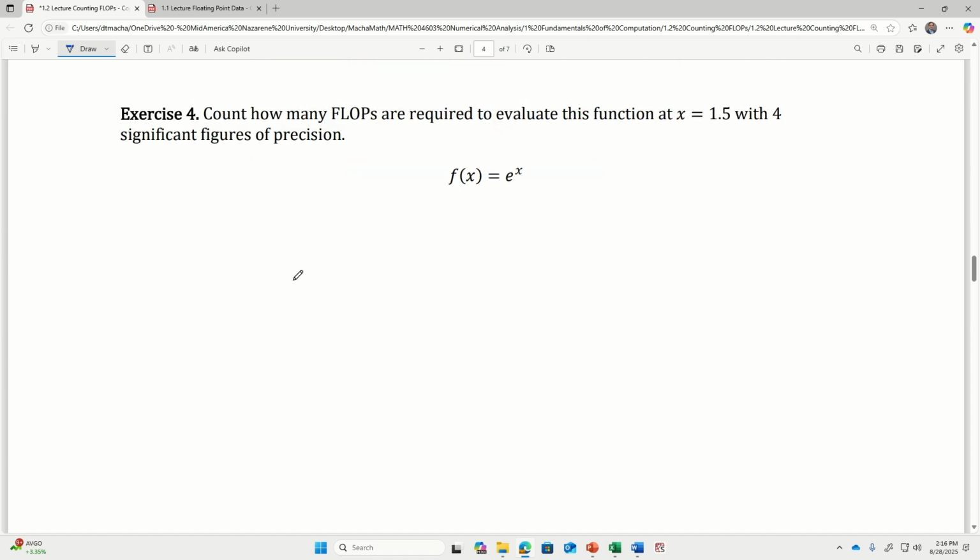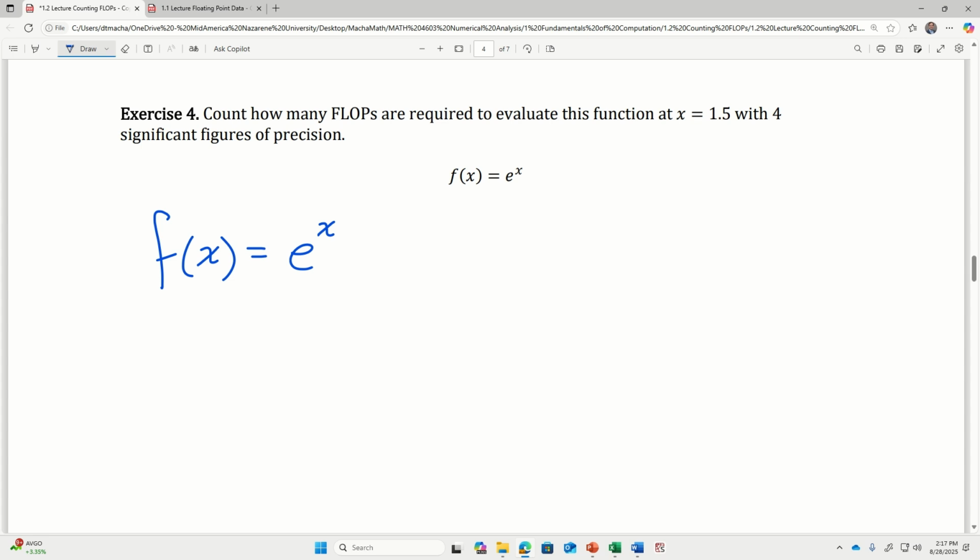Exercise number 4. Count how many flops are required to evaluate this function at x equals 1.5 with 4 significant figures of precision. So we've got e to the x. If I'm thinking about evaluating this function, my head is here.